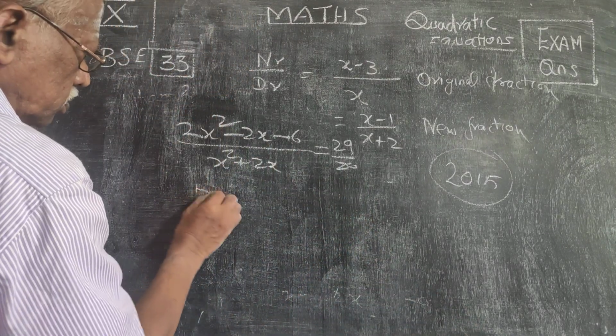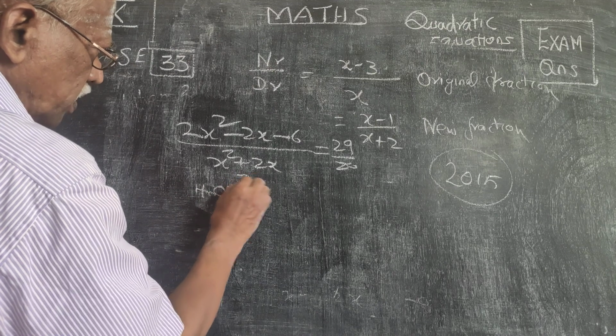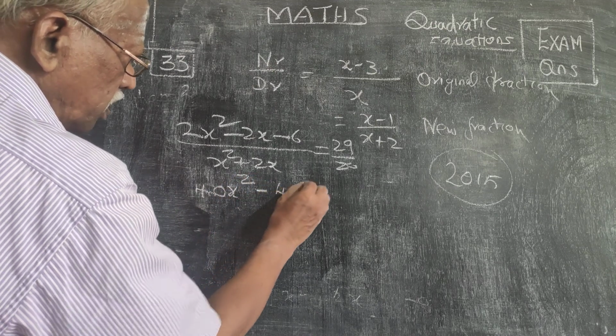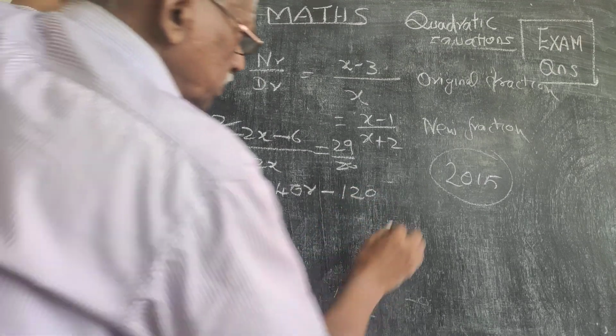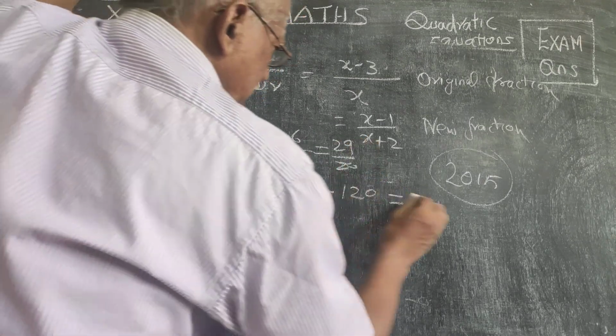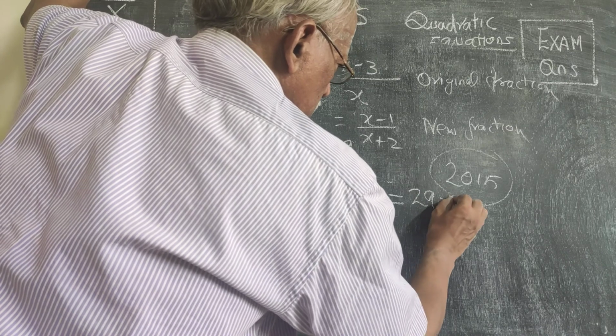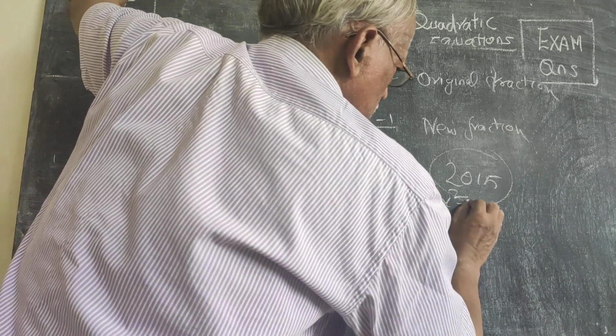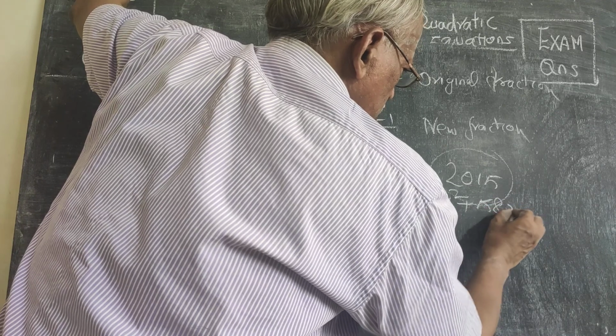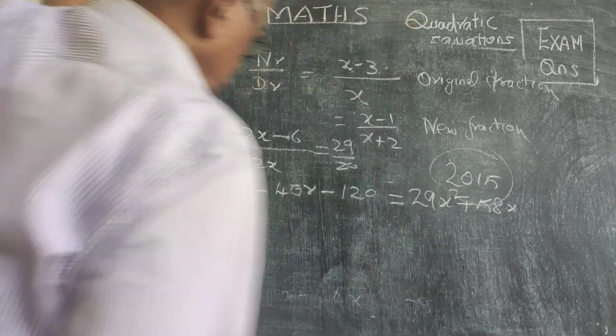20 into 2, 40x square minus 40x, 20 into 6, so 120, equals 29 into x square, 29x square, 29 into 2, plus 58x.